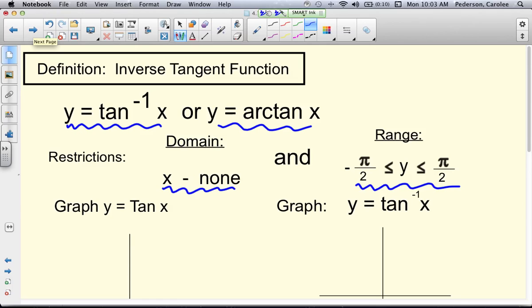Now the range is the same as the sine inverse function. And the difficult part with tangent inverse, as is tangent of a function, is they're not shown on the unit circle as ordered pairs. How do you find the tangent of something?